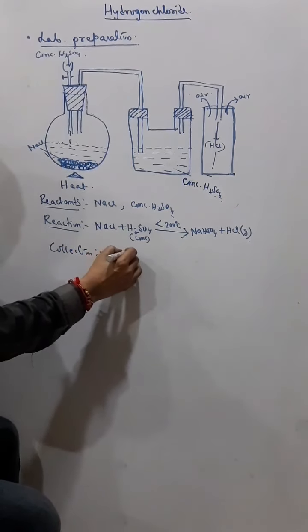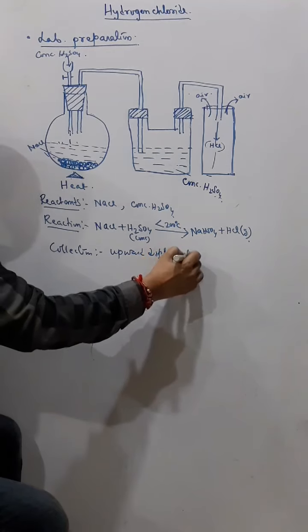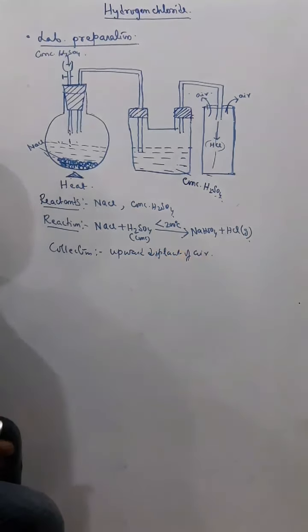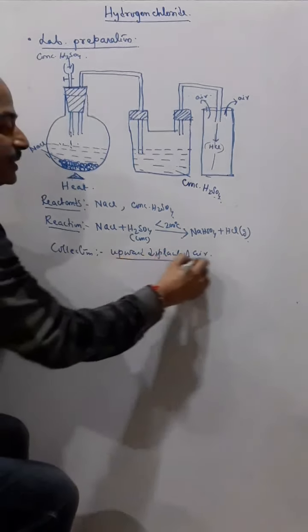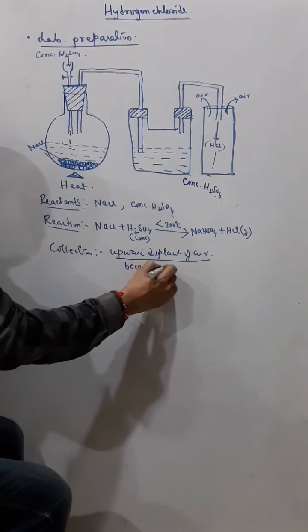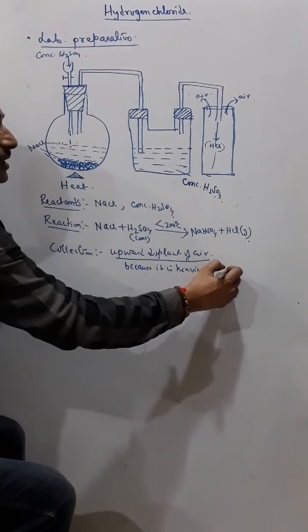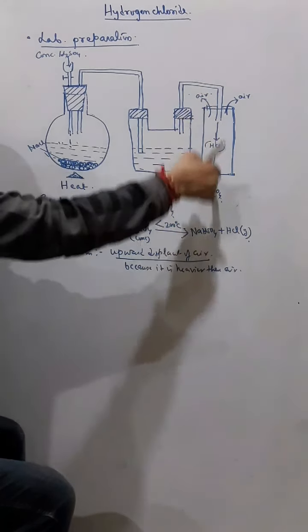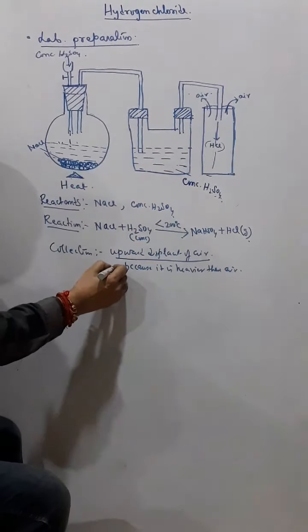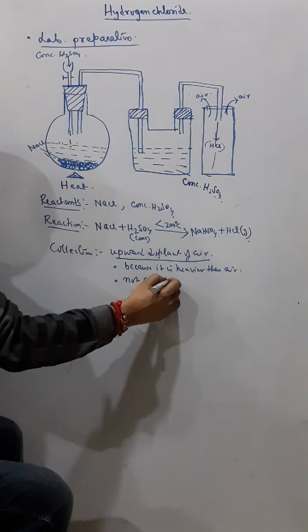Now, why is it collected by upward displacement of air? Because it is heavier than air.